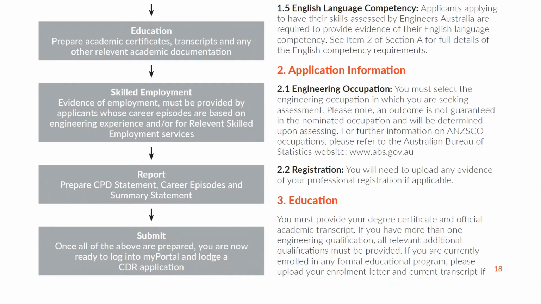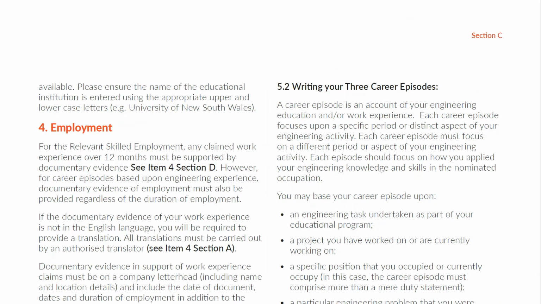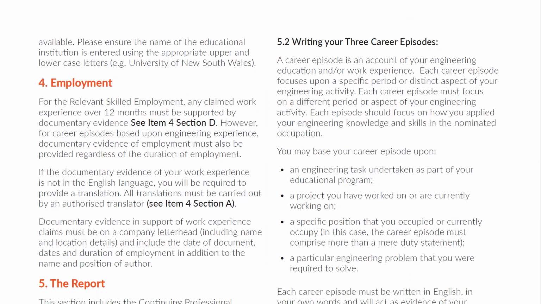Application information is over here. You must select the engineering occupation you are working in according to the list they already provided on their website, so you will understand where and how to apply. For employment, you have to produce your employment certificate and experience certificate as well.